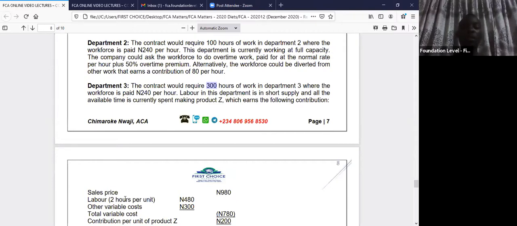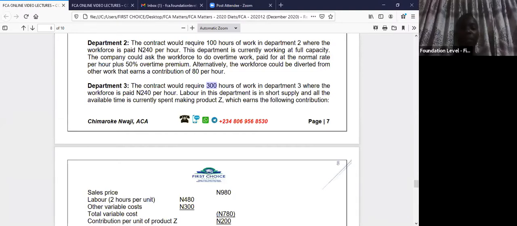Now, what is 150 units? 150 units is earning 200 naira each. So 200 naira for 1 unit multiplied by 150 units gives you 30,000 naira.